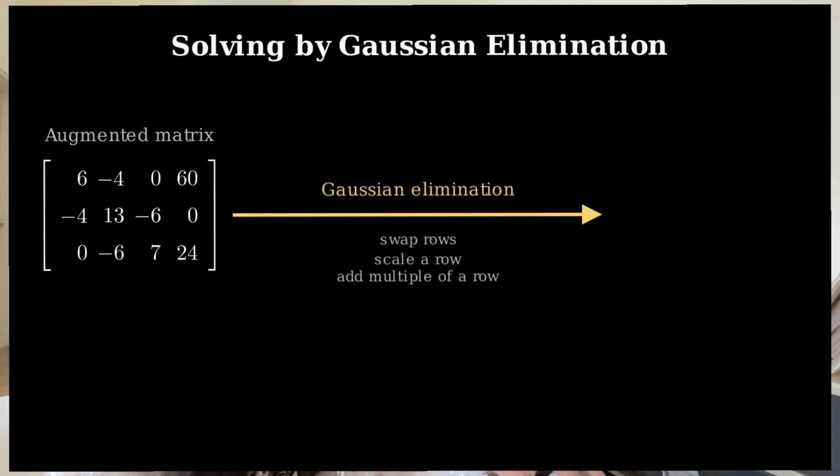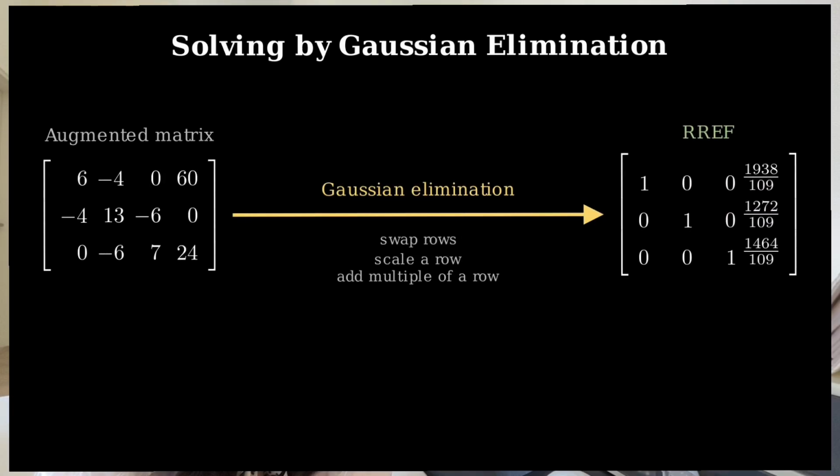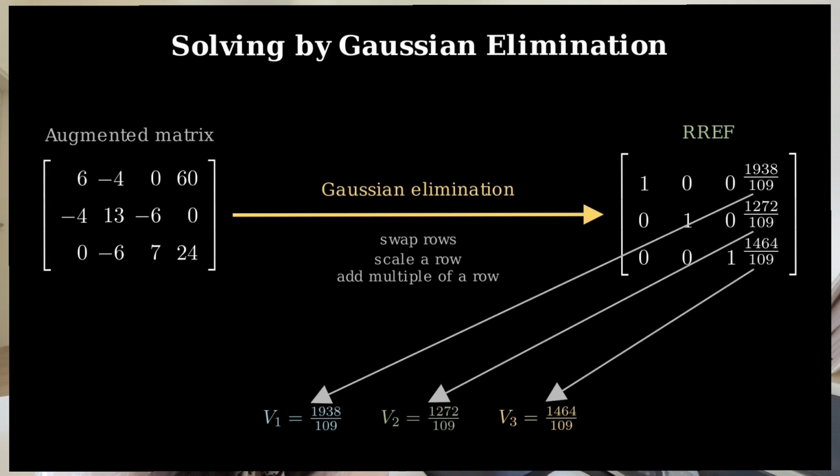They only transform the system into a simpler equivalent form. After row reduction, the reduced row echelon form is shown. Therefore, V1 equals 1938 over 109, V2 equals 1272 over 109, V3 equals 1464 over 109. This shows how row reduction directly gives the circuit solution.